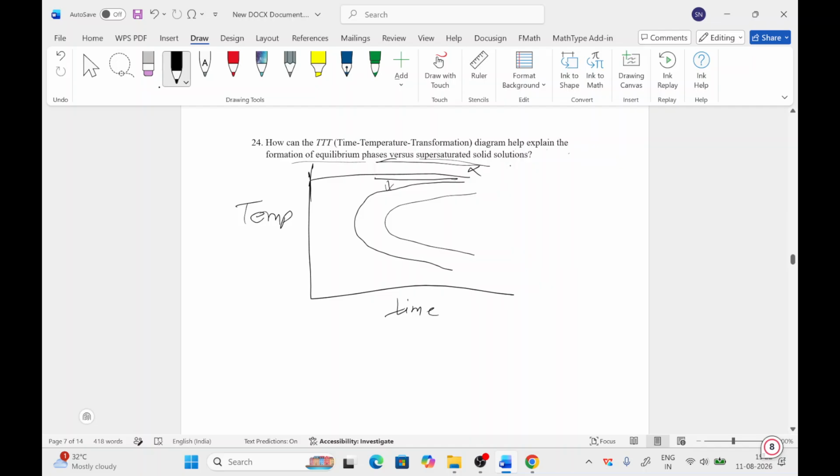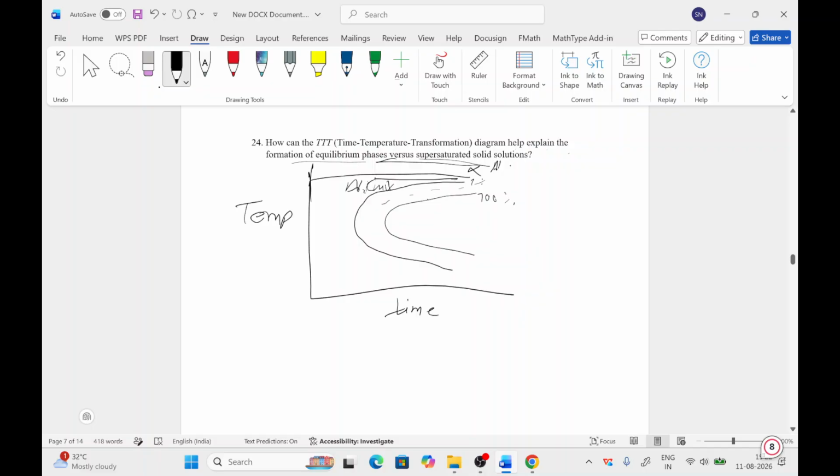So this is the starting of the formation of the second phase. This is at alpha aluminum, and at this point, the Al2Cu starts to form. This is the 1% line, and this is the 100% line, meaning when it reaches this point, the complete transformation or complete precipitation will occur.